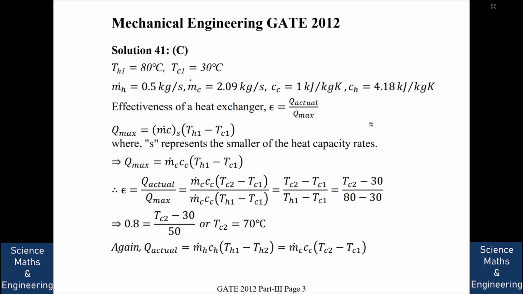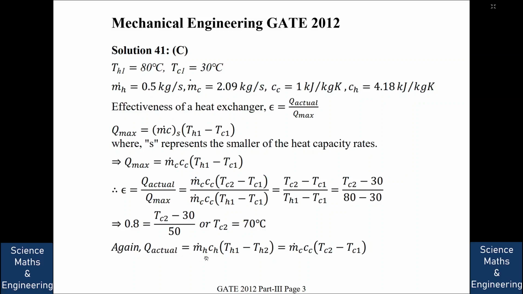Here the smaller is for air, so Q max is m dot c into Cc into Th1 minus Tc1, and our Q actual would be m dot c into Cc into Tc2 minus Tc1. So from here effectiveness is equal to Tc2 minus 30 divided by 80 minus 30, and we get Tc2 equal to 70 degrees centigrade.